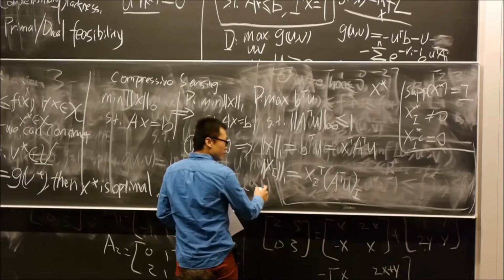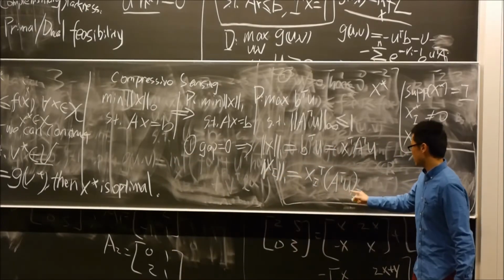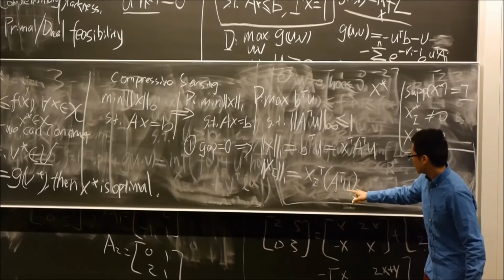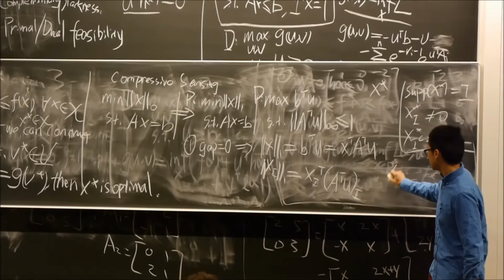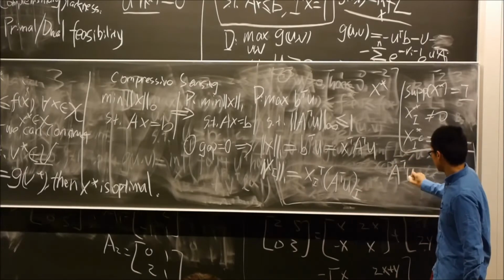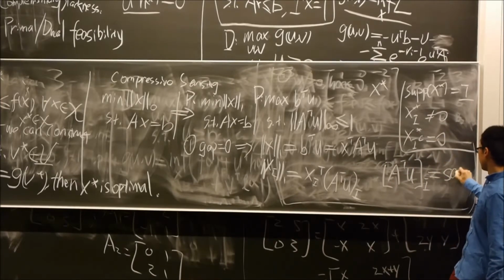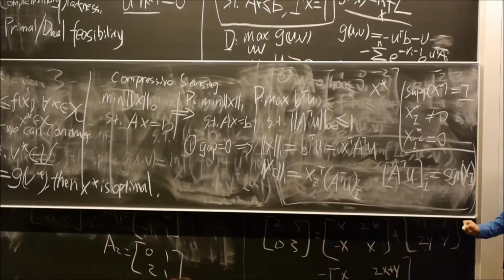And having that, we can solve for u just from these equations. And u has to satisfy, in particular, the property that (A transpose u) on I must equal the sign of x_I. Is that making sense to you?